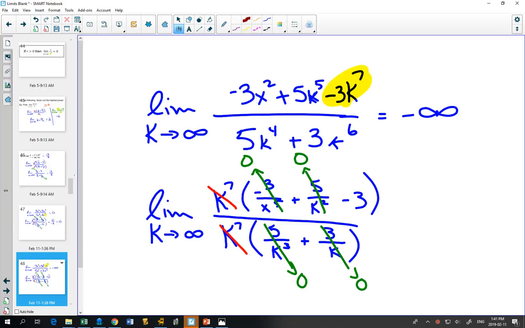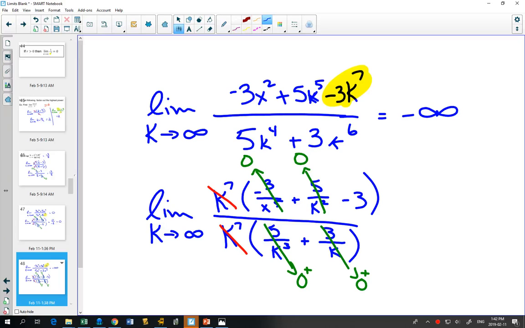And something that I think is important to notice in this situation is that as k goes to positive infinity, this will go to 0, but will be a positive 0. And this will go to 0 and be a positive 0. Because if I went to 0 and it was a negative 0 on the bottom, then a negative divided by a negative could become positive. Does that make sense?